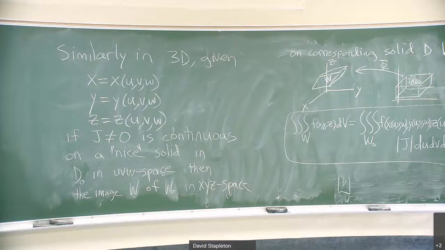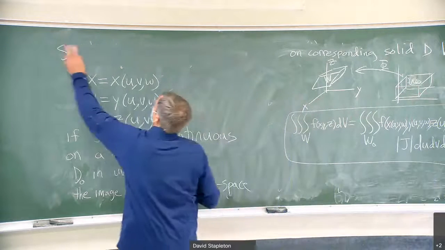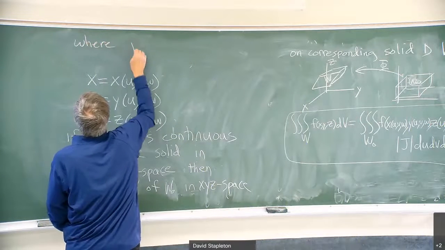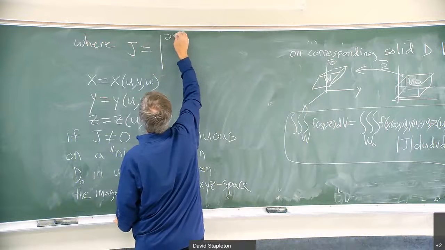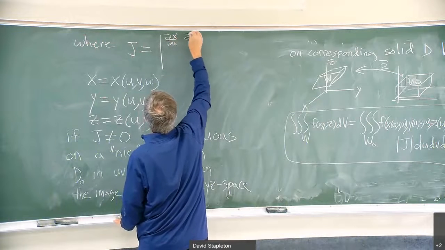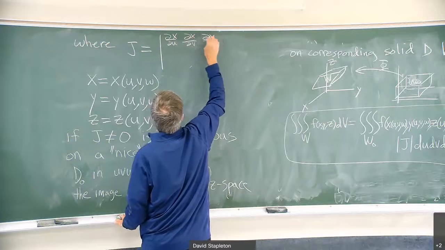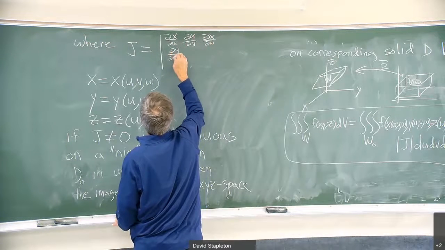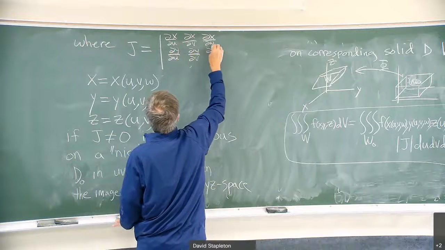It's a Jacobian again, but now the Jacobian is a 3x3 determinant. And so this extends to higher dimensions too, as you might guess, right? It's just dx du, dx dv, dx dw, dy du, dy dv, dy dw.